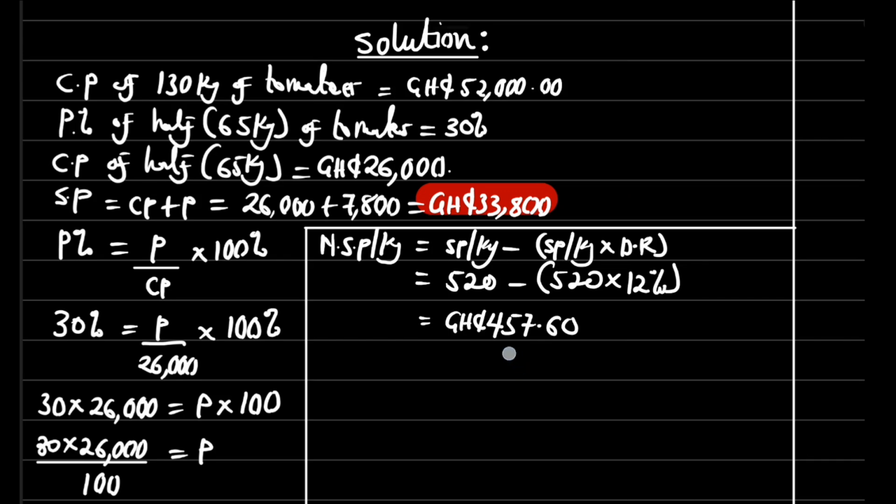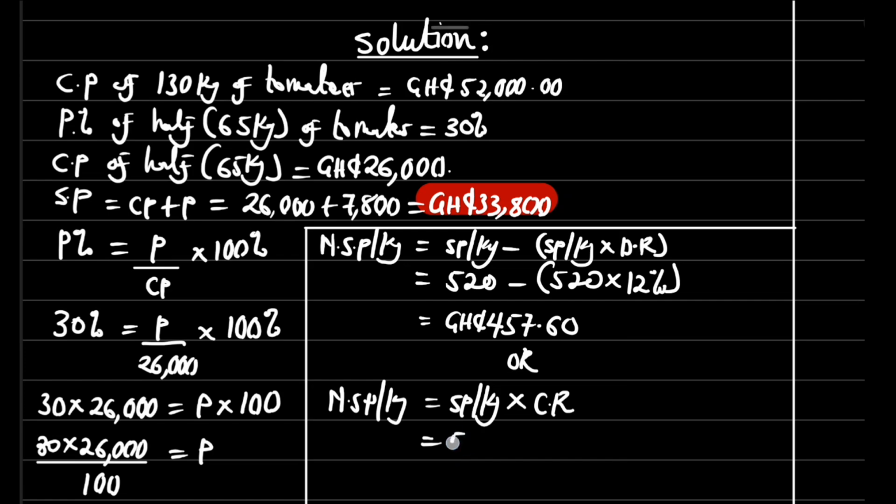Or you can also go by this alternative method. We can say that the new selling price per kg is equal to the old selling price per kg multiplied by the complement rate. The complement rate here means you subtract the discount that was given in the question from 100.